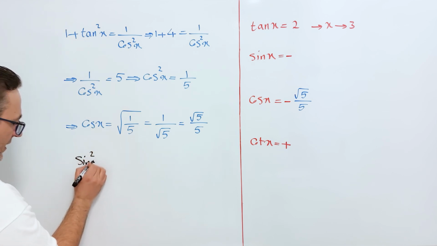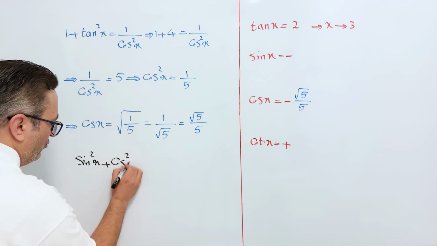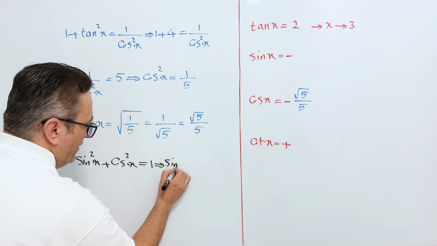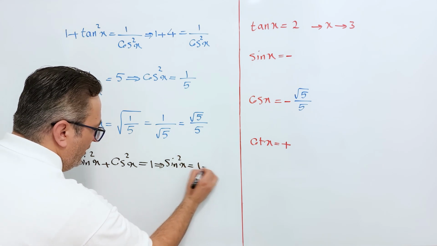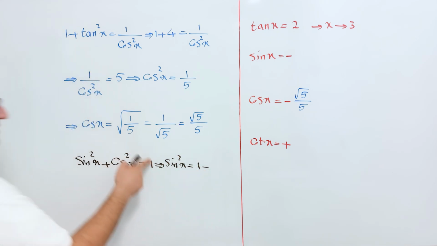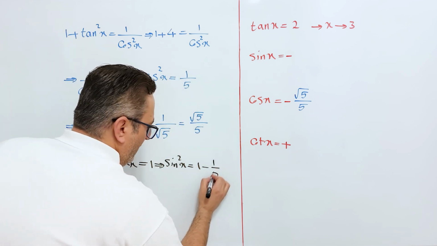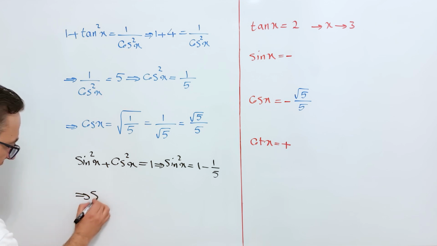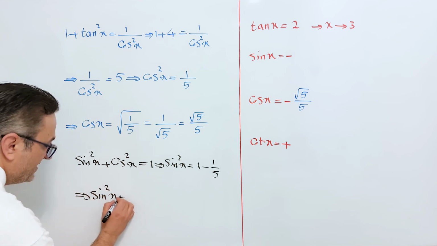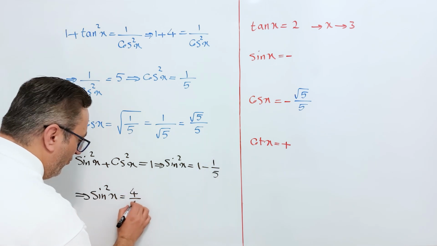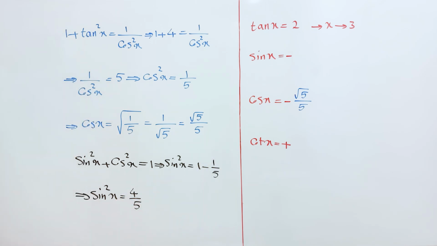So sine squared x plus cosine squared x is equal to 1. So sine squared x is equal to 1 minus cosine squared. Cosine squared is equal to 1 over 5. So sine squared x is equal to 1 minus 1 over 5, which is 4 over 5.